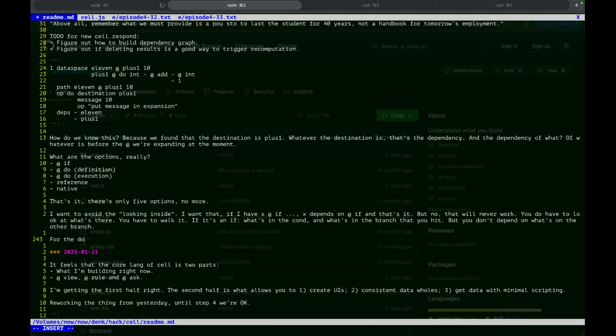For the do definition, you don't depend on anything. It should be done dynamically by the execution.